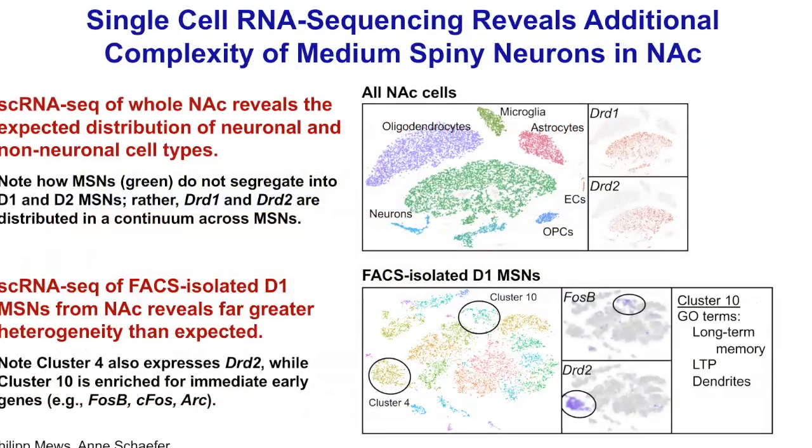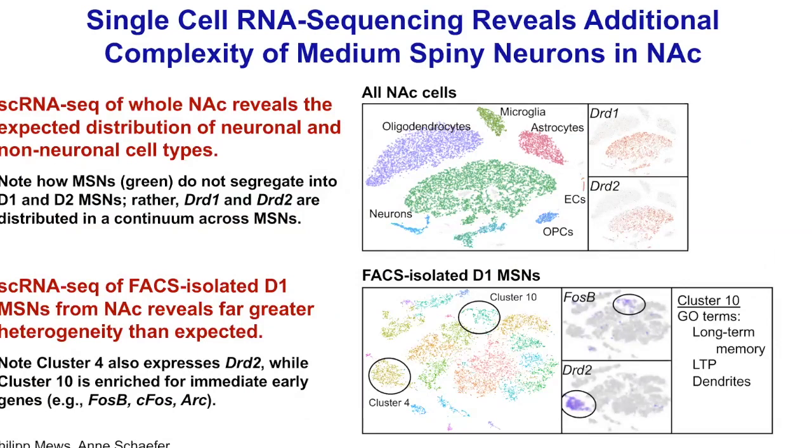Now, drilling down one step further, not only looking at individual cell types, but looking at single cell sequencing, I'm showing you on the top work done by Ann Schaefer's lab, where she has taken whole nucleus accumbens, done single cell sequencing of all cells in nucleus accumbens, and one can see the different cell types that one would expect to see in any brain tissue.